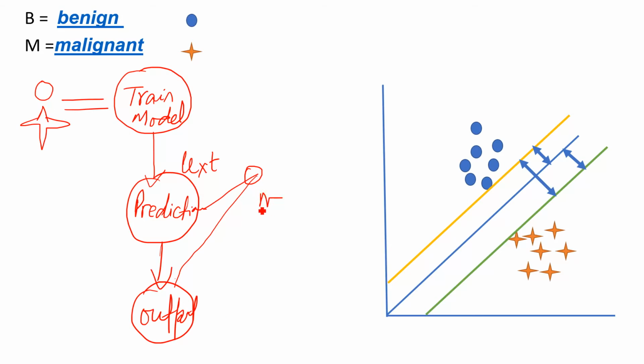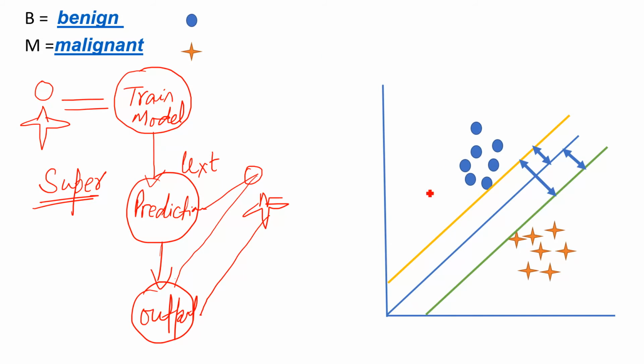If I give a new data point, the asterisk, which is the malignant cell, the output will be that this is the asterisk or malignant cell. And again keep in mind, the data which we provide should be labeled data. Why labeled data? Because SVM supports supervised learning, and in supervised learning we have labeled data.